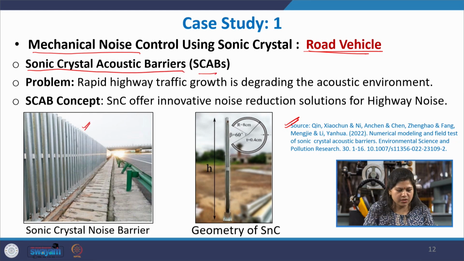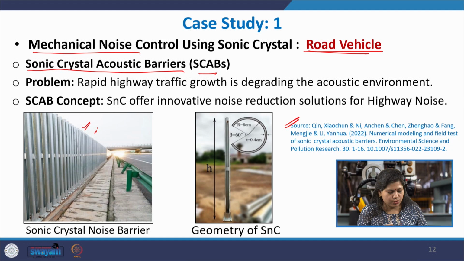This shows the structure, and the problem was that rapid highway traffic growth is degrading the acoustic environment. They created a sonic crystal structure which is like a fence at either end of the road, so that the traffic noise does not propagate into the surrounding areas from the road.